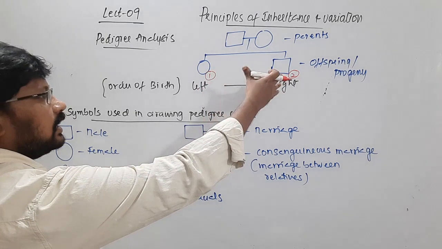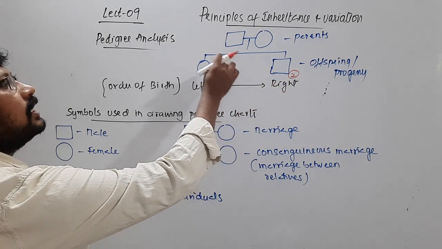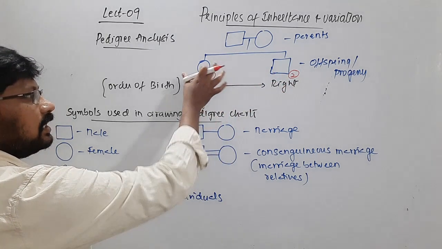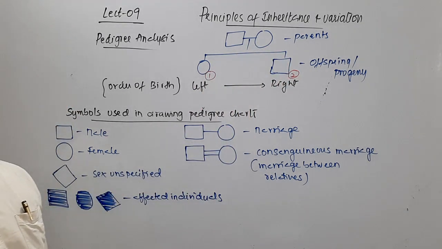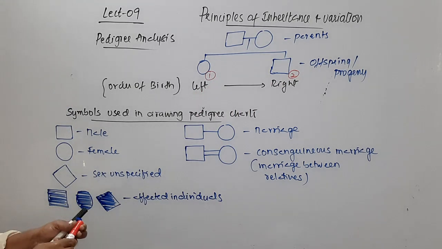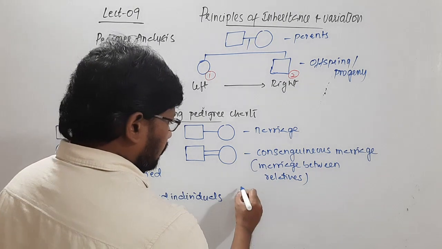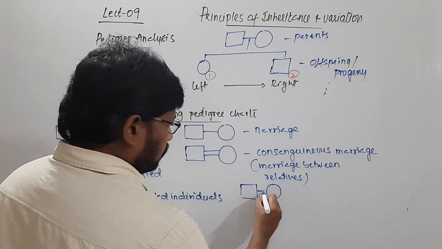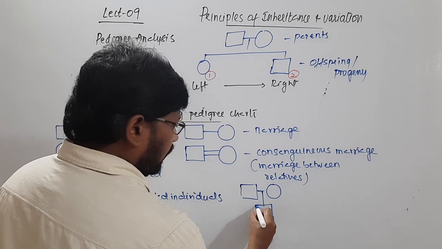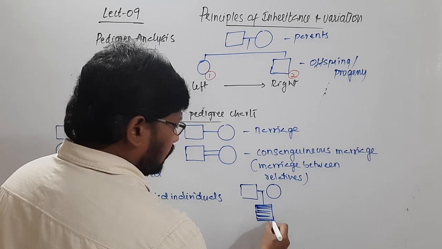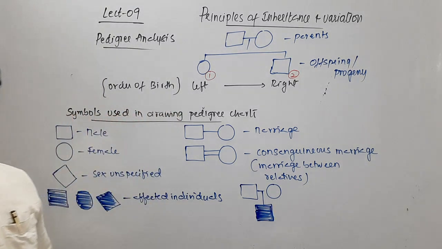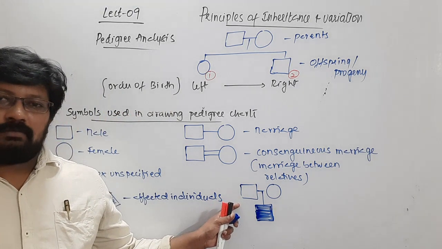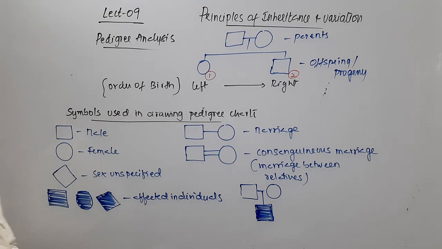Whenever we draw in this way, it indicates that in that family the first one born is a daughter, then later they had a son. This is in the order of birth. If I indicate it in this way, it indicates that they have a son and the son is affected, or is carrying the trait. Both the parents are normal but their son is affected.